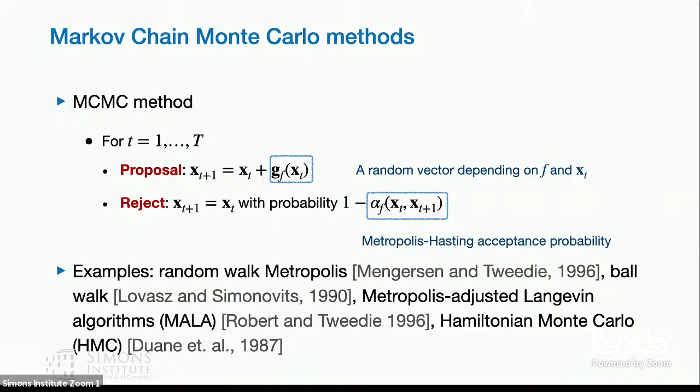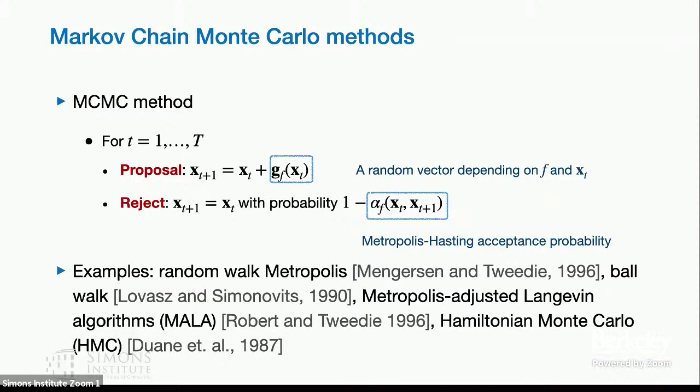For example, suppose the current sample is x_t, we generate x_{t+1} by randomly perturbing the current sample, or you sample from some distribution defined based on the current sample and perhaps also the underlying distribution function. That's why I use g_f of x_t, to mean that this random vector can depend on both x_t and also the function, the negative log density function.